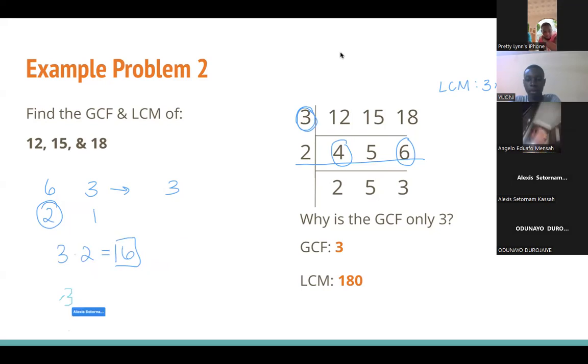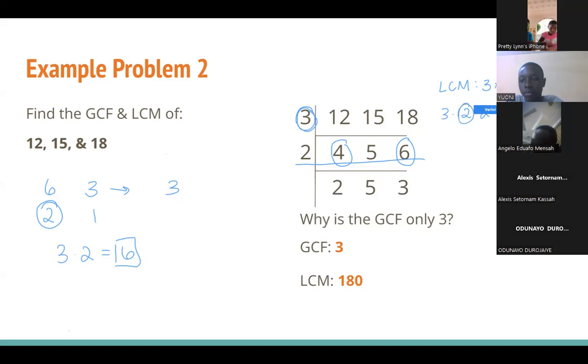So now let's go back to looking at this. If we have 4, 5, and 6, there is still an overcount of common factors because 4 and 6 both have 2's still. So whenever we do the LCM, it's going to be 3 times 2 times 2 times 5 times 2 times 3.